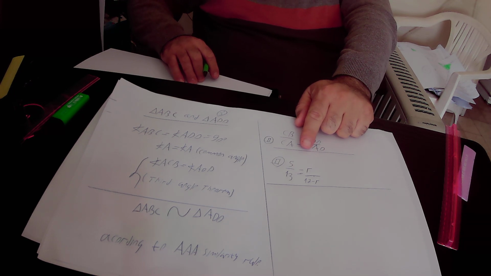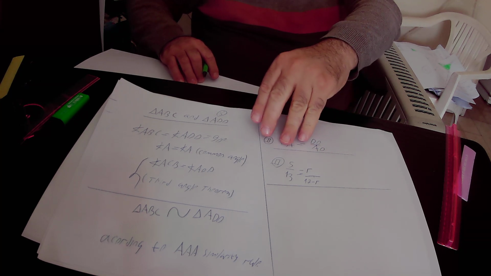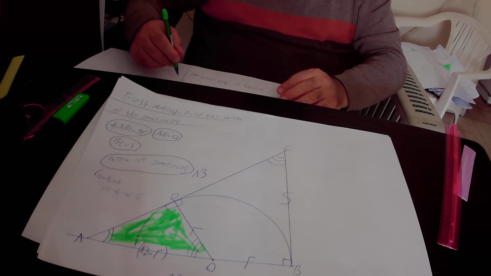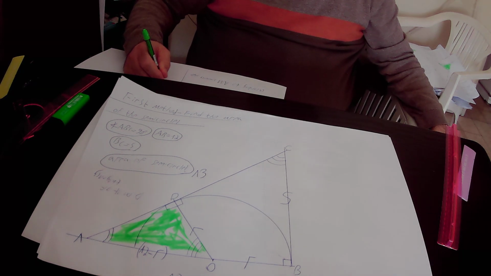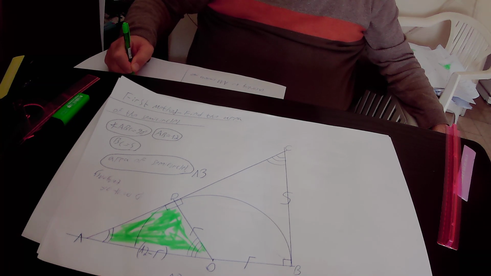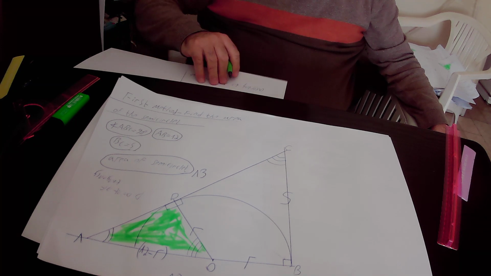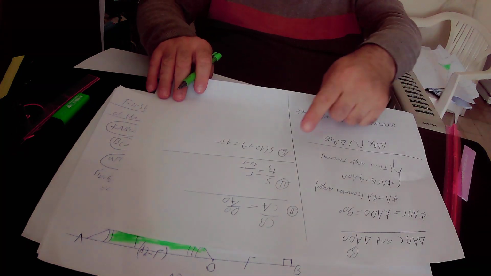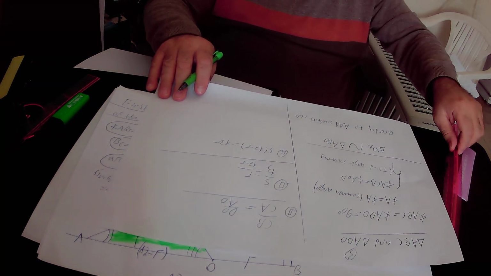We will cross multiply equation number 2, and we will get 5 times (12 minus R) equals 13R.